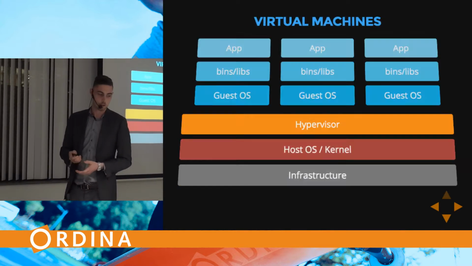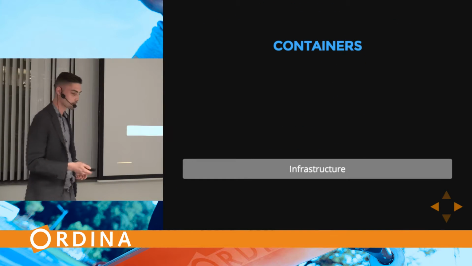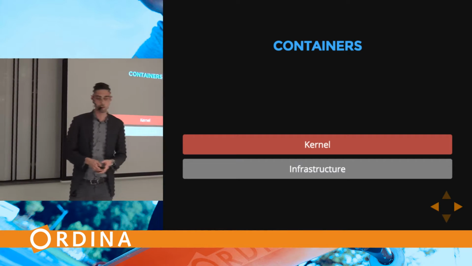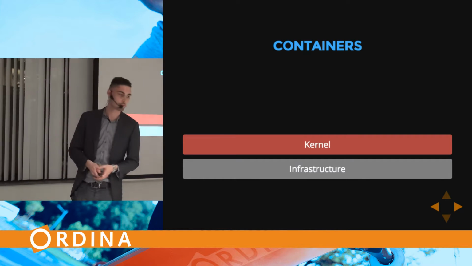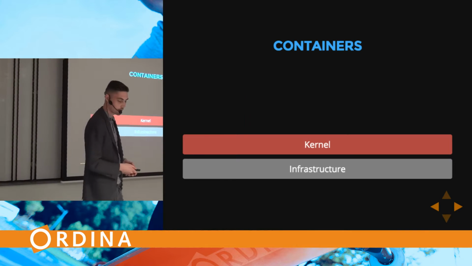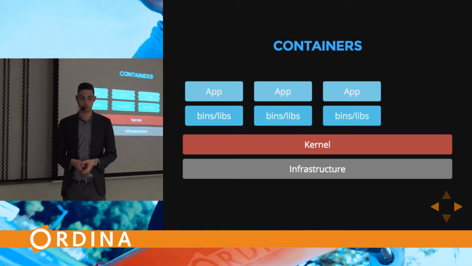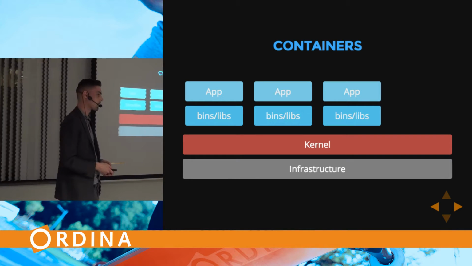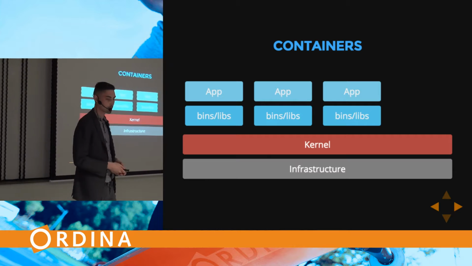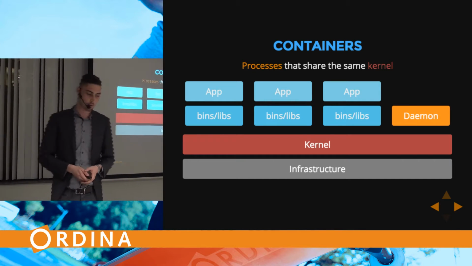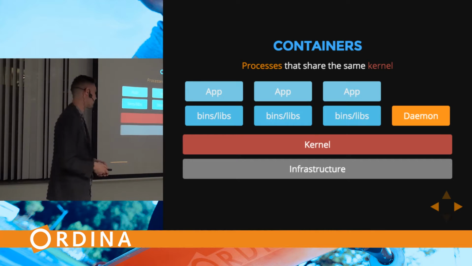So, with containers, you have also your infrastructure, of course, but you just have your kernel, so just your usual Unix, Linux kernel, and your containers run right on top of it. So they don't need a guest operating system, they just use the same kernel. And there's a daemon running on that host.